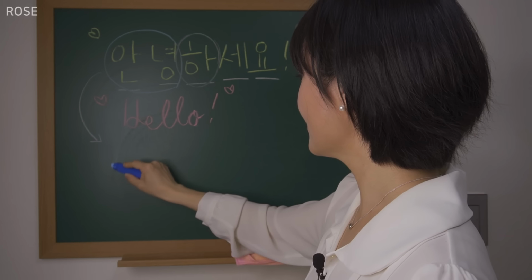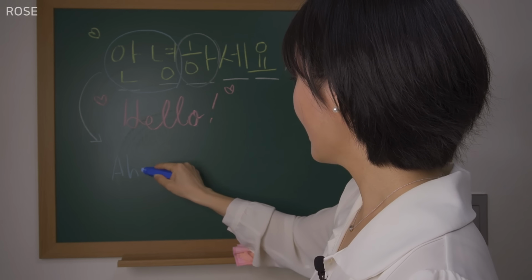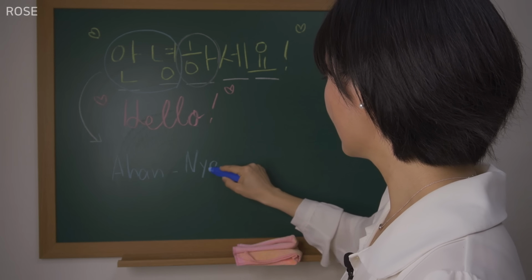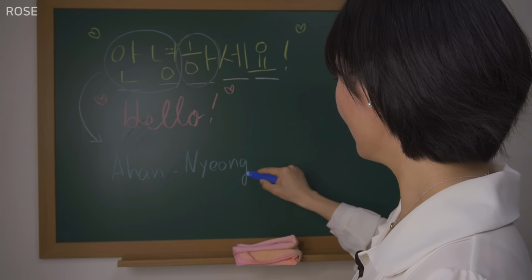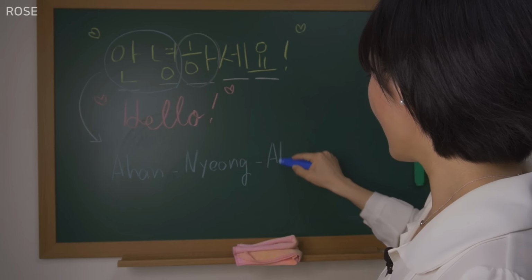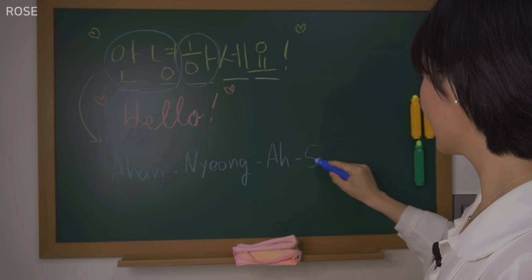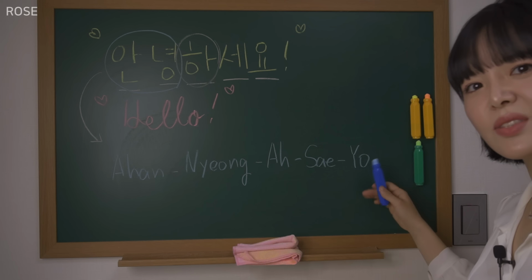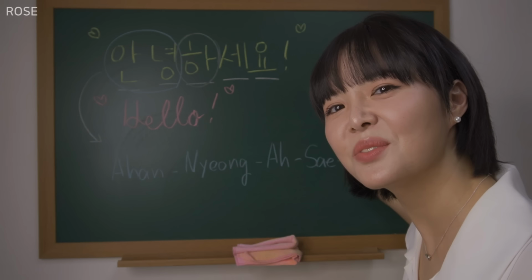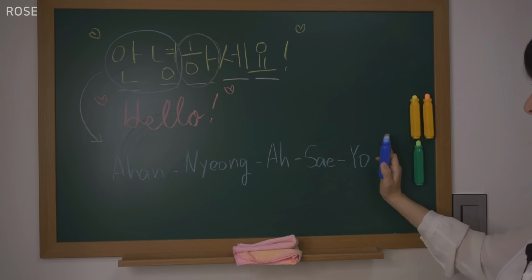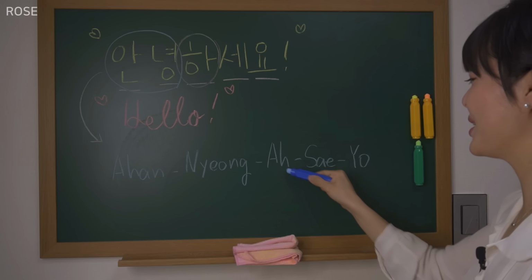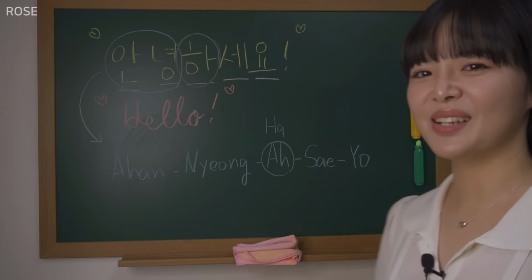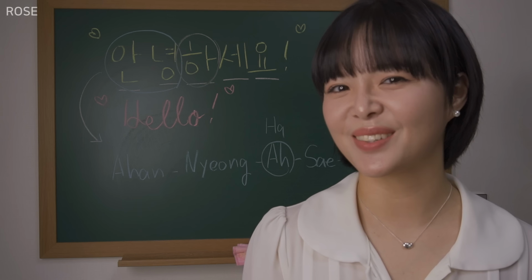So it goes 안녕하세요. I don't know if you can see, well, I'm trying my best. I'm sorry, guys. Make sure this is not ha, but ah, okay? So now you can say 안녕하세요 like a native speaker.